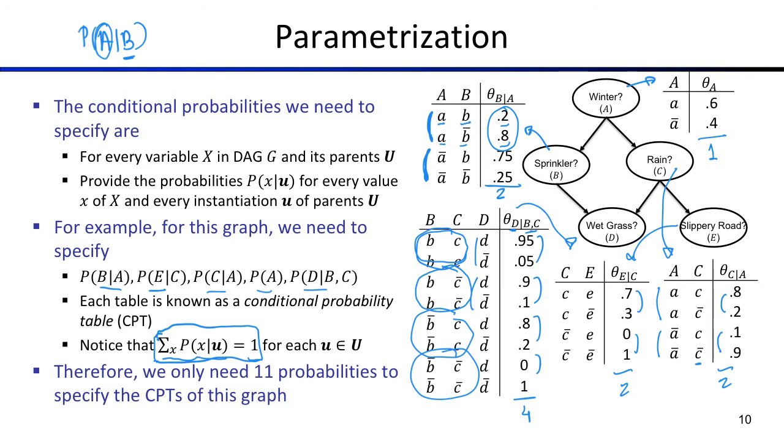Another thing that's important here is that, as this conditional probability sums to 1 for each possible assignment of the conditioning part, we need only 11 probabilities in order to specify this complete network. So we have 1 here because they sum to 1. I only needed to specify, for instance, the top one. The second one here I can derive from the first one because we know that they must sum to 1. So it's going to be 1, 2, 3, 4, 5, 6, 7, 8, 9, 10, plus 1 here, 11.